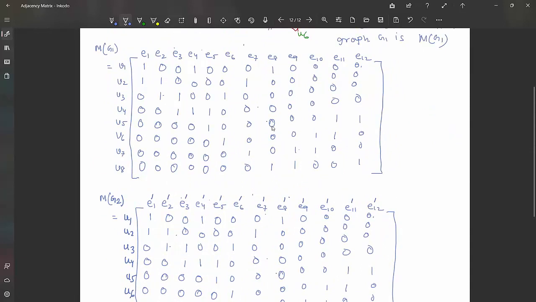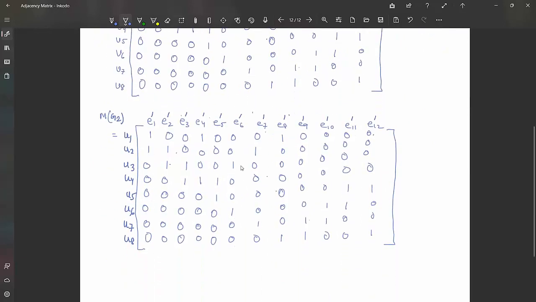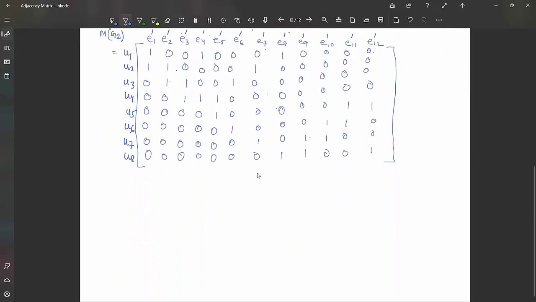So if you do this manually, you will get the same incident matrix. So now we can say that MG1 is the same as MG2. That means the incident matrices are the same, so we can say that G1 and G2 are isomorphic.